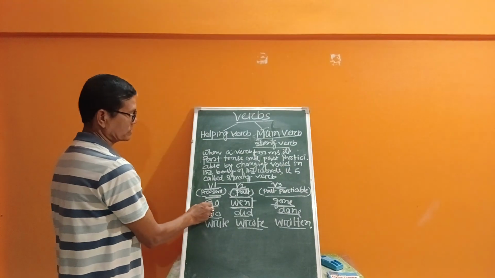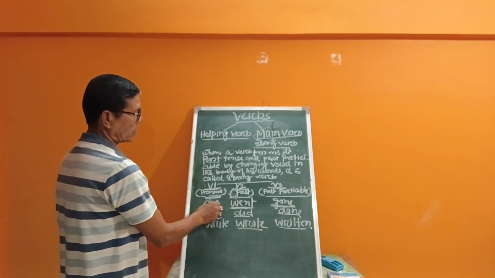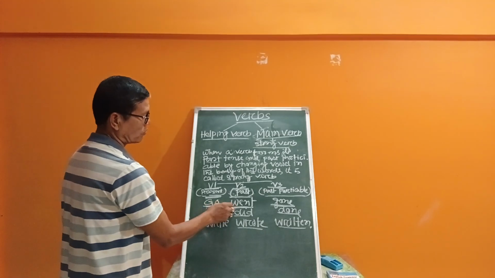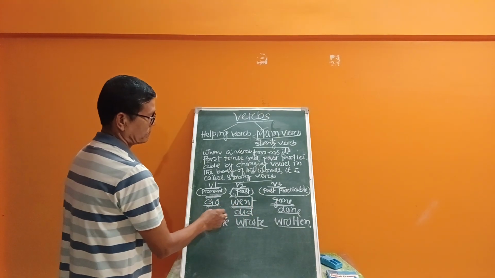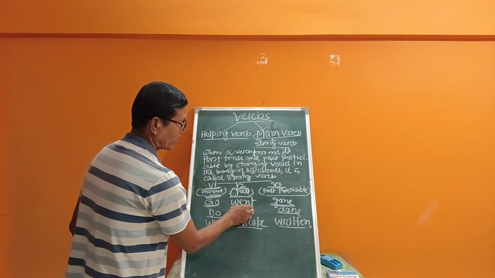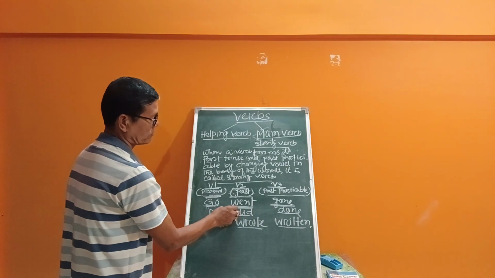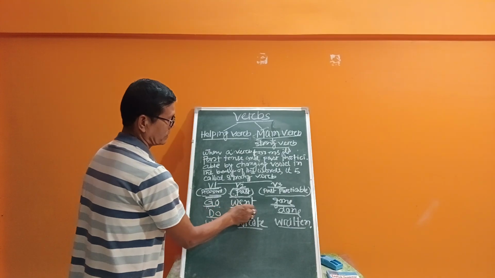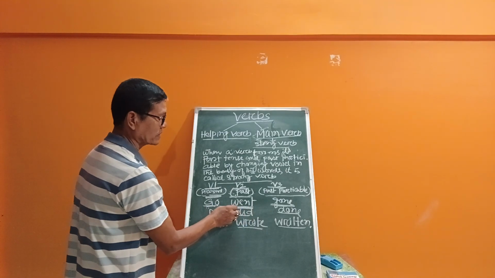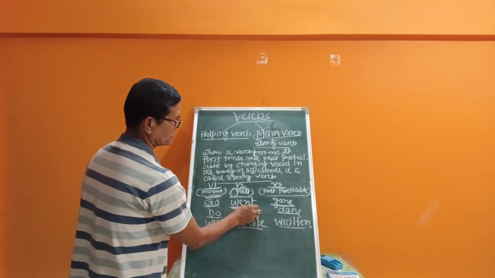Now go is a verb here. The past tense of go is went. Now it is formed by changing the vowel in the body of the word.